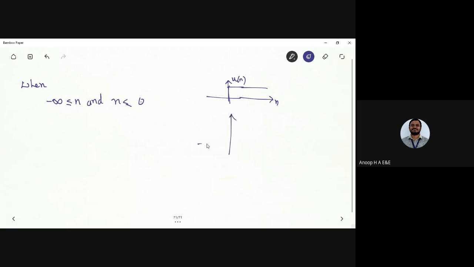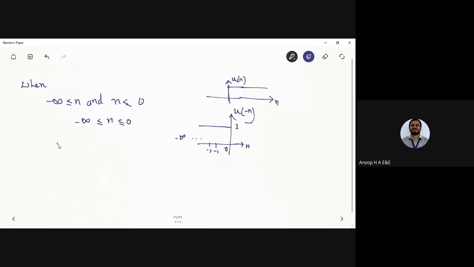So I can write u of minus n like this, ranging from 0, minus 1, minus 2, and up to minus infinity, and its magnitude is equal to 1. So this is how I can sketch u of minus n, for minus infinity less than or equal to n less than or equal to 0.